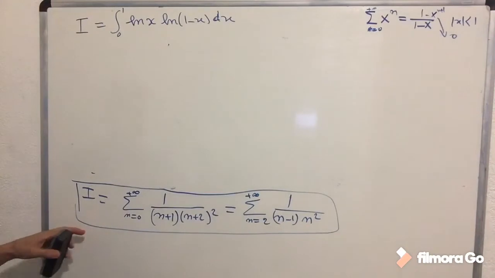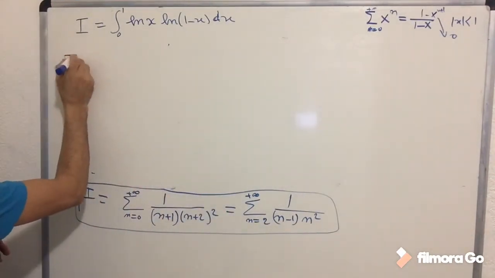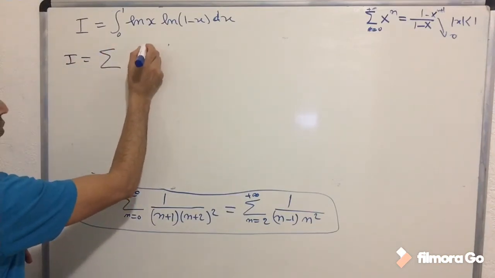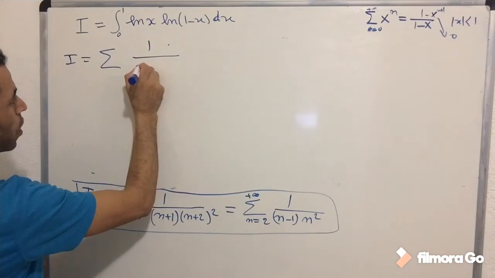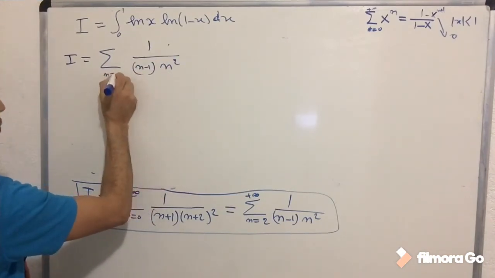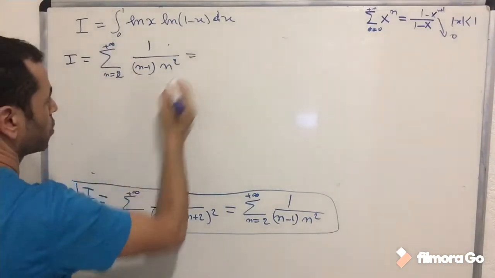So let's rewrite this one again. Our integral is the sum of 1 over (n minus 1) n squared from 2 to plus infinity.